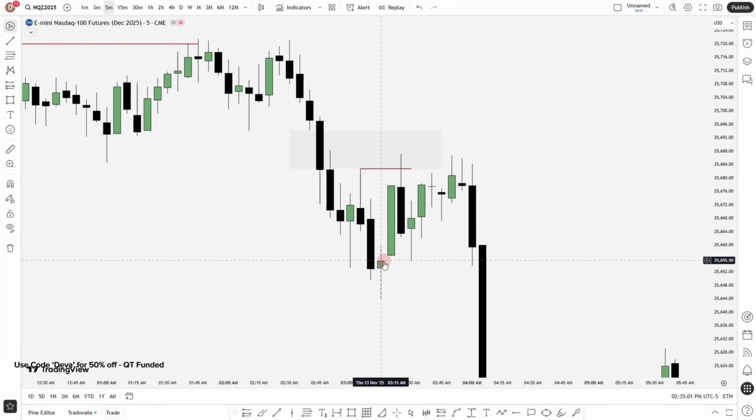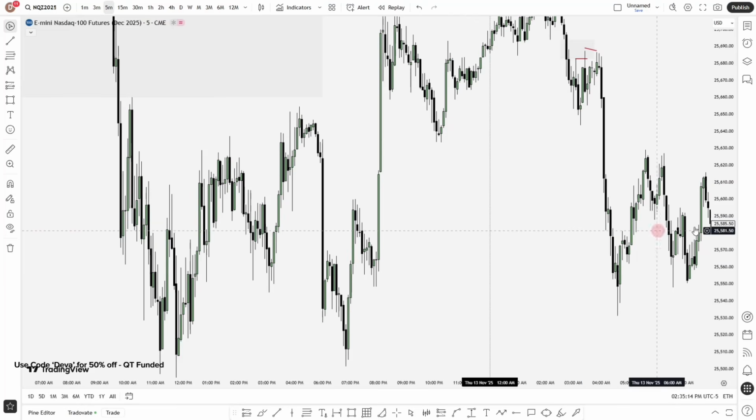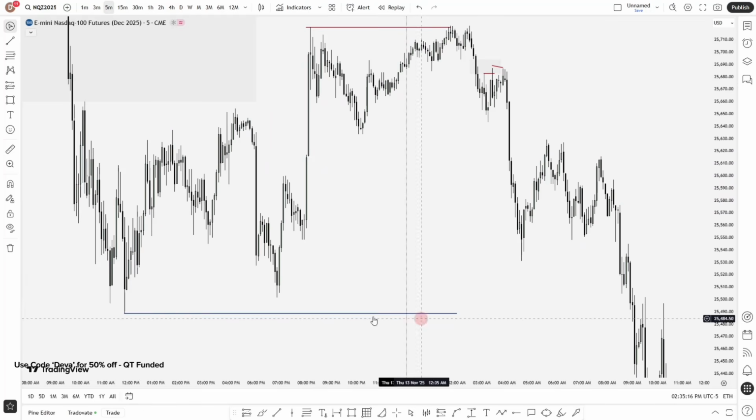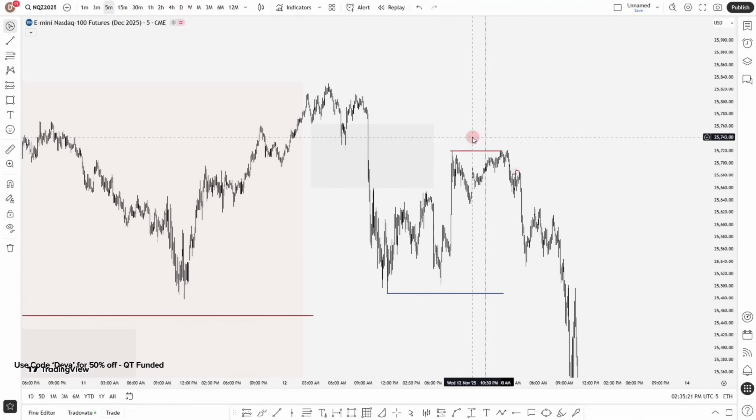Okay, so I would say this: if we have SMT at the highs, then yes, it will be valid because this is our close candles here, right? And yes, we have a massive dump here to the lows. Right, so let's look into another example here.